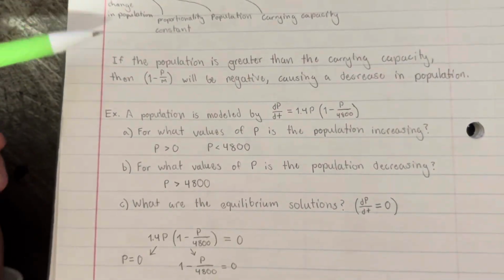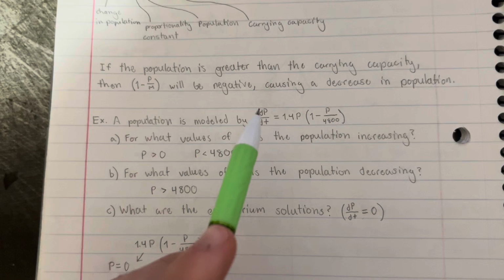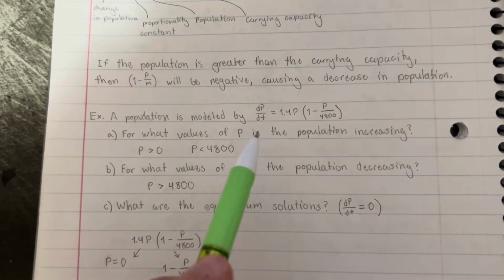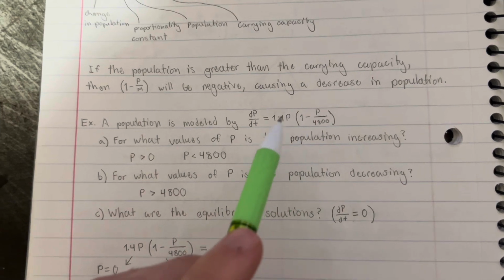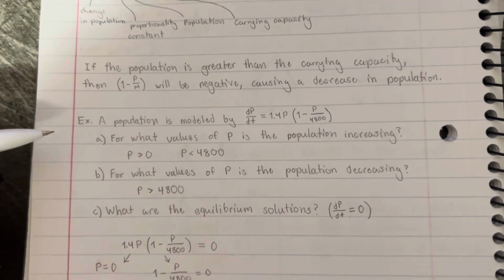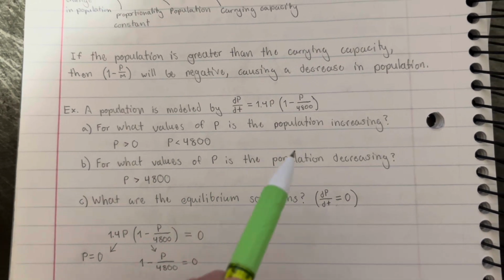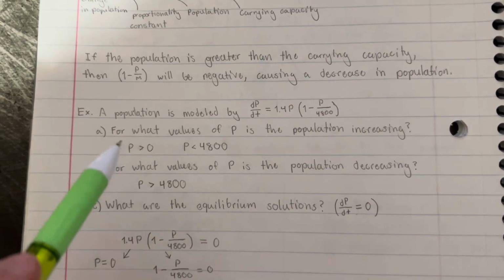So I'll just go over a quick example problem where a population is modeled by the change in population over the change in time equal to 1.4 times the population times 1 minus p over 1400. It's asking for what values of p the population is increasing.